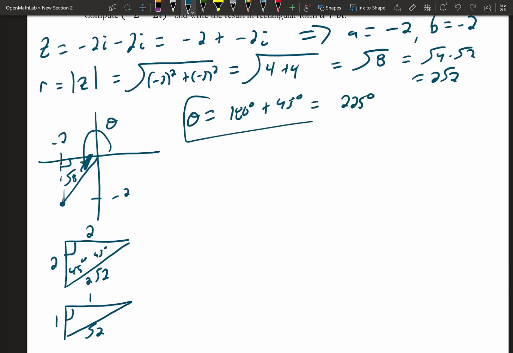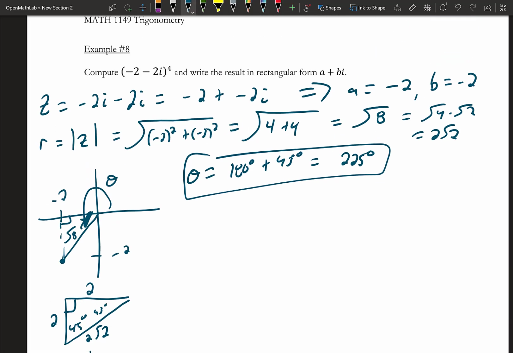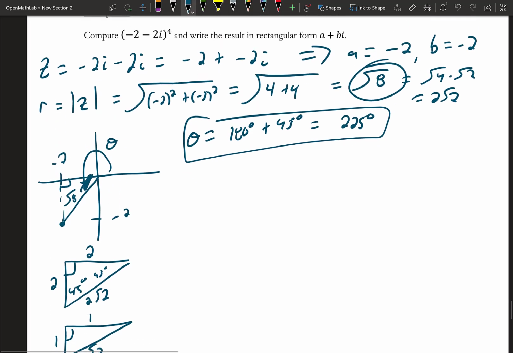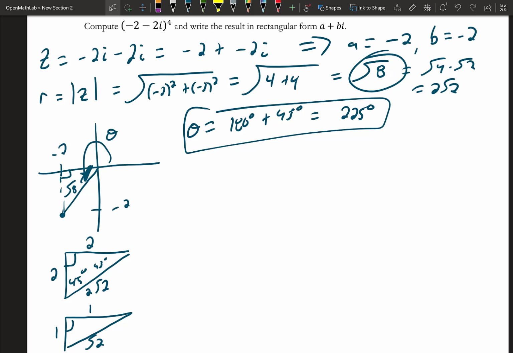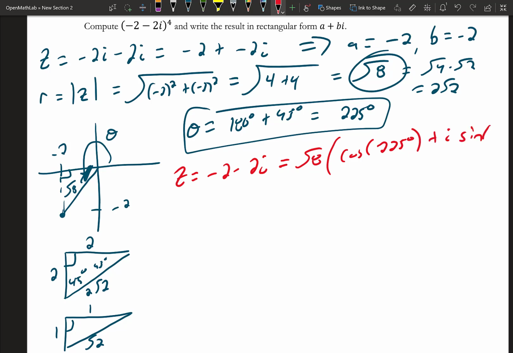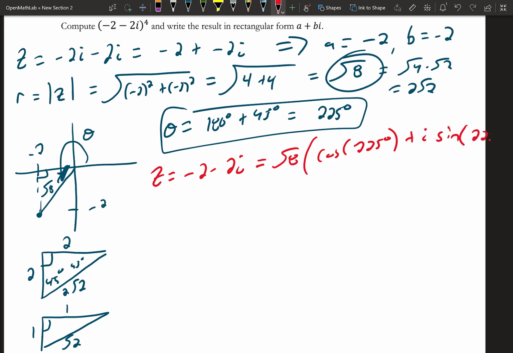Now that I know theta and I know r, I can write z in polar form. So z, which is equal to negative 2 minus 2i, is equivalent to radical 8 times cosine of 225 degrees plus i times sine of 225 degrees.